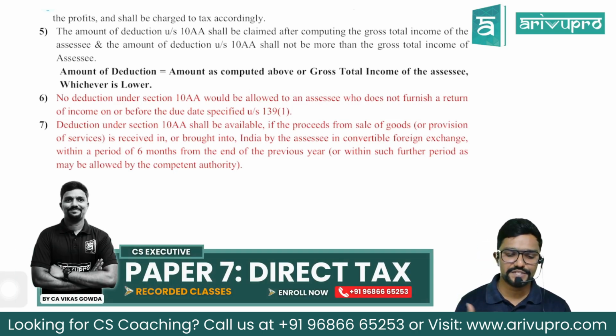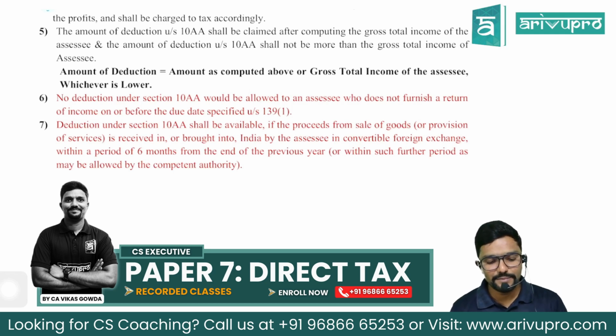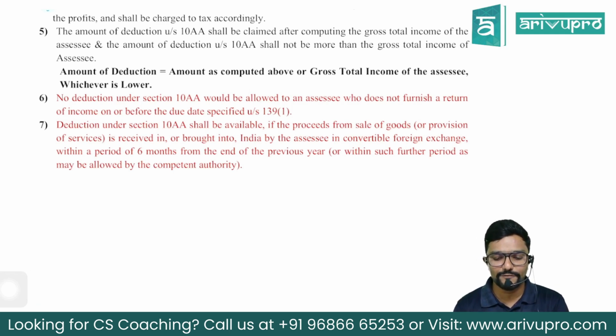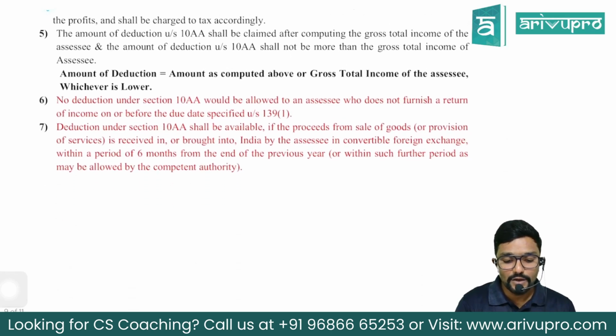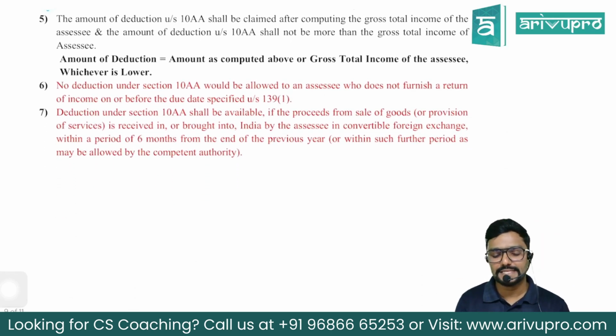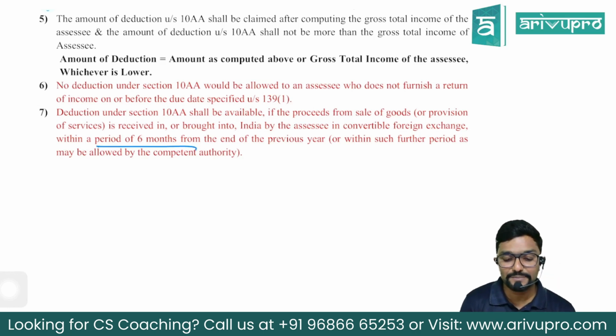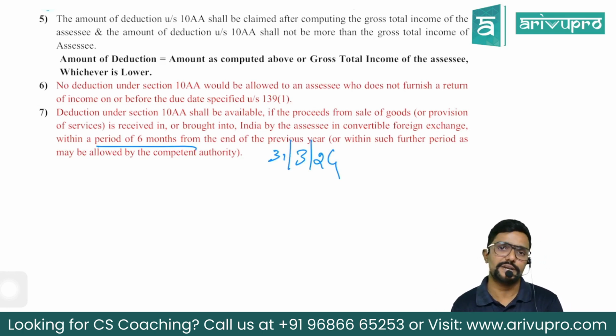Then coming to condition 7, deduction under section 10AA shall be available if the proceeds from the sale of goods or provision of services are received in or brought into India by the assessee in convertible foreign exchange within a period of 6 months from the end of the previous year, that is 31st March 2024, or within such further period as may be allowed by the competent authority.